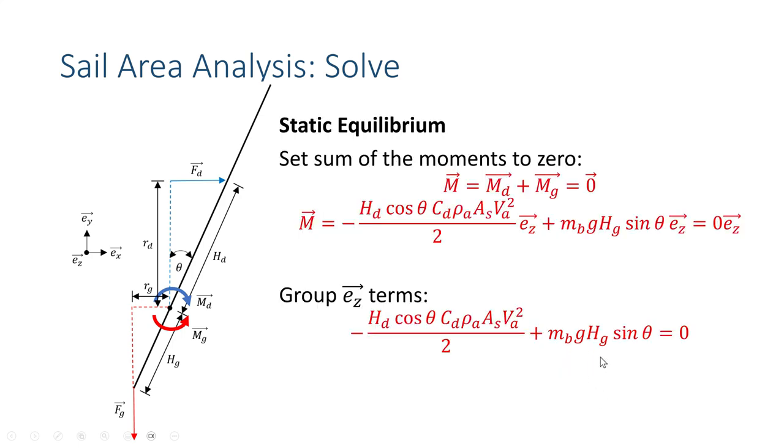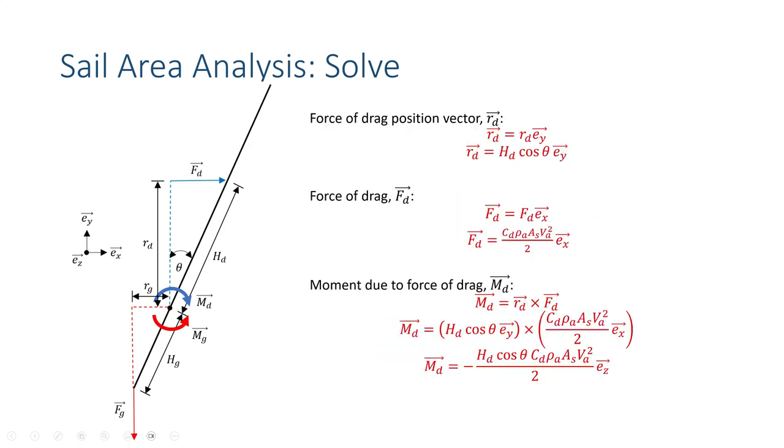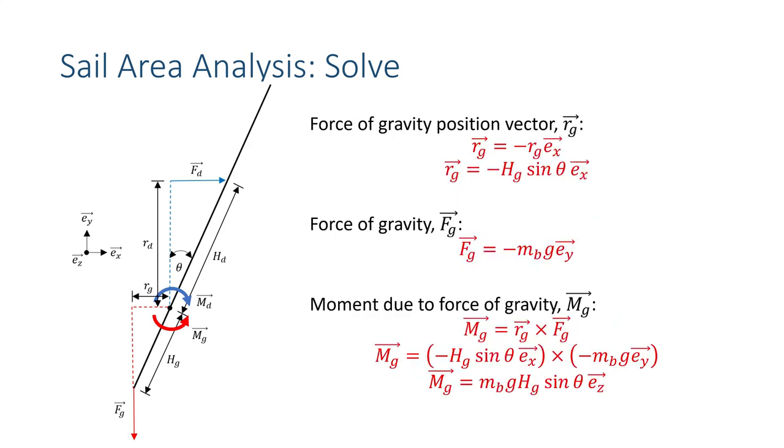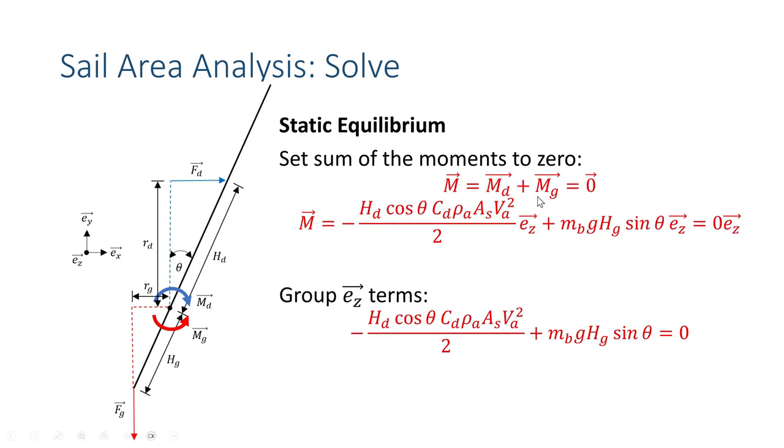Okay, so if we've got a static equilibrium, we're going to sum up our forces, or sorry, our moments of the drag and the gravity, and we're going to set that equal to 0. So then we plug in those two equations that we just developed on these two previous slides. So this one here and this one here, we're going to apply those to this equation.